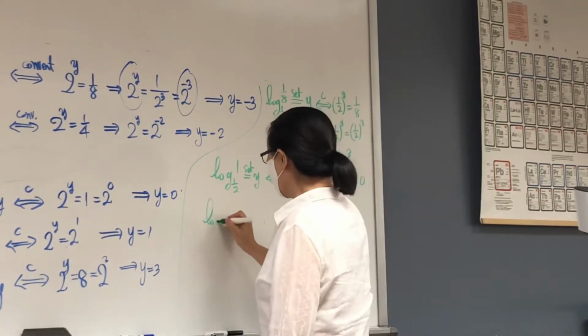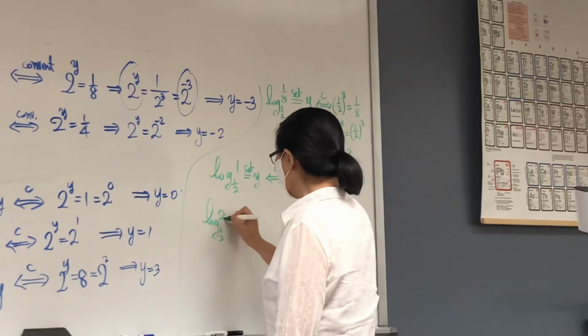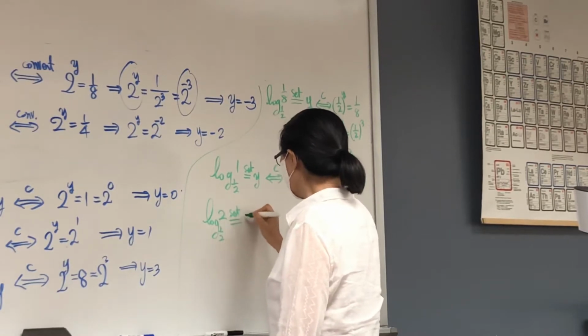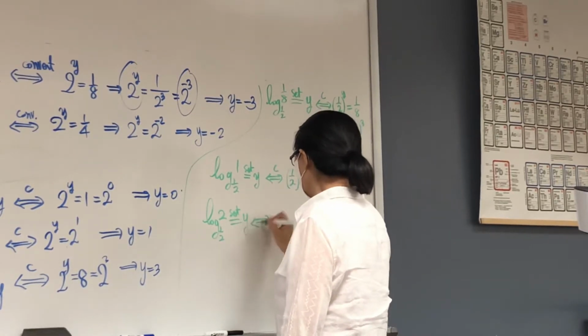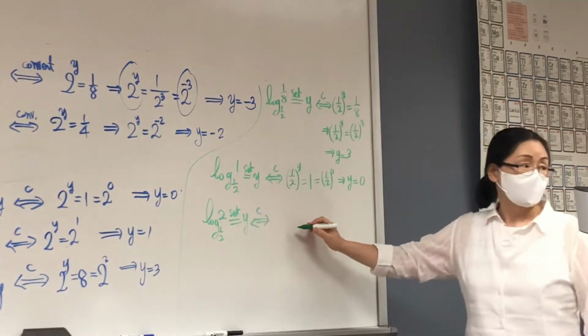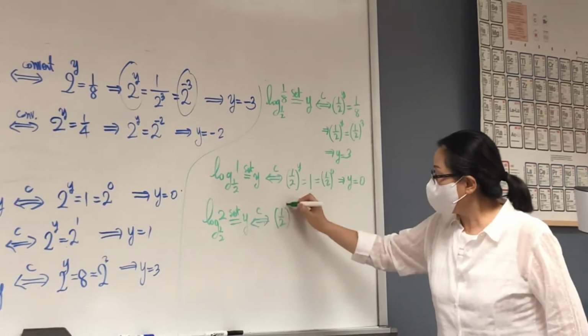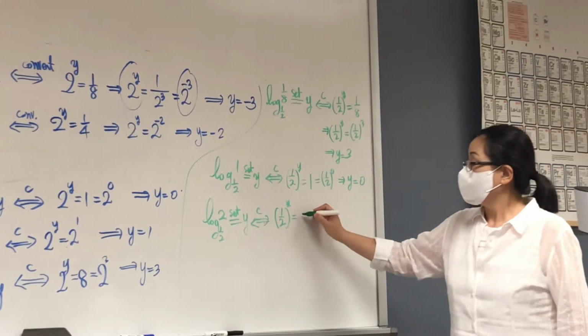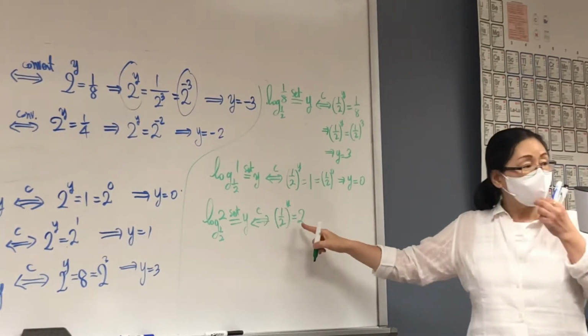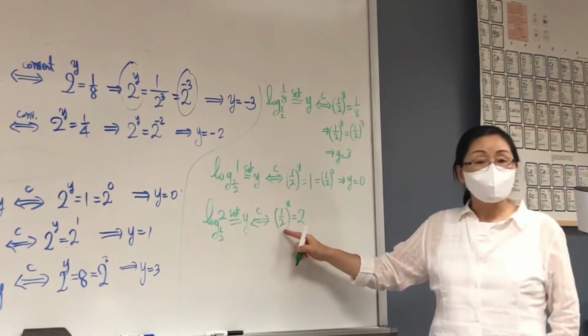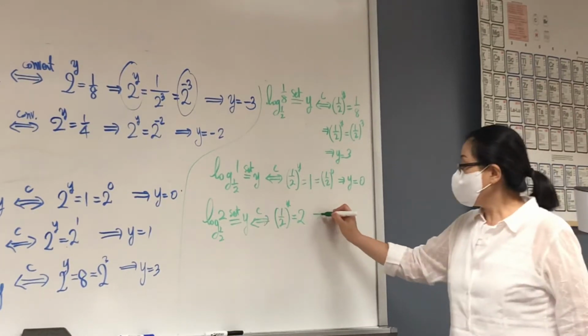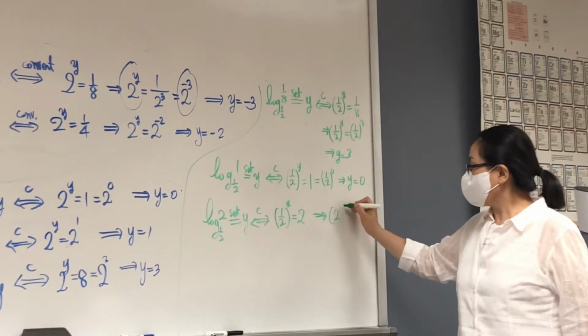Keep going. Log base 1/2 of 2. Set y. Convert. What is it? 1/2 to the y equals 2. Now, up to you, but this time I want to change this one. 1/2 means 2 to the power what?